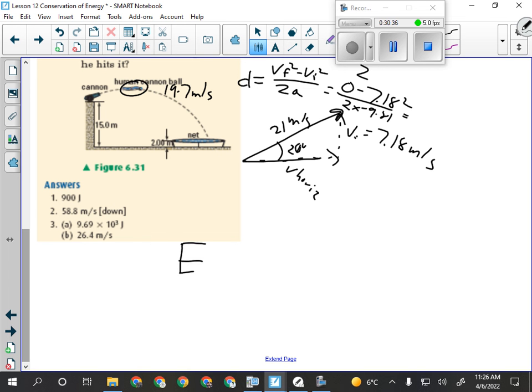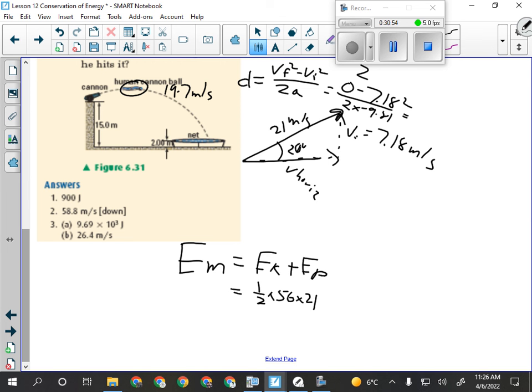So now I can say the mechanical energy is EK plus EP, and I'd have to calculate it somewhere else, probably initially. So I would go 1/2 times 56 times 21 squared.